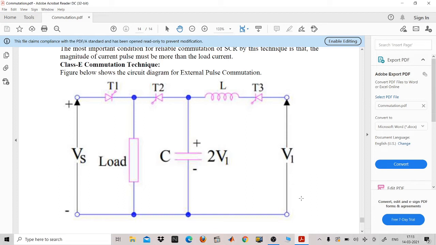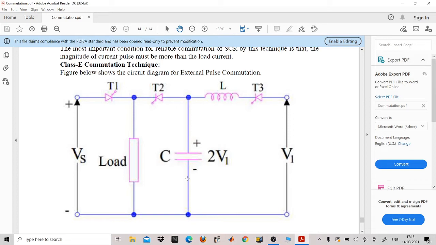Now, when you are talking about forced commutation, you know that for turning off the SCR, you require a special arrangement of auxiliary SCRs, an inductor and a capacitor. So for turning off the main SCR, you require this circuitry. In this case, we are using an inductor, a capacitor and two auxiliary SCRs.